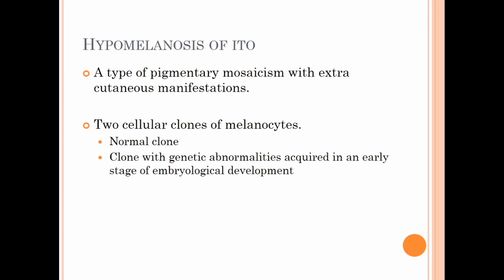A disorder of localized pigmentation is hypomelanosis of Ito. So it's a type of pigmentary mosaicism with extracutaneous manifestations. So this is explained as there is presence of two cellular clones of melanocytes, a normal clone and a clone with genetic abnormalities acquired in the early stage of embryological development before the migration.